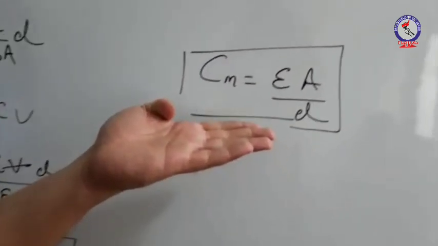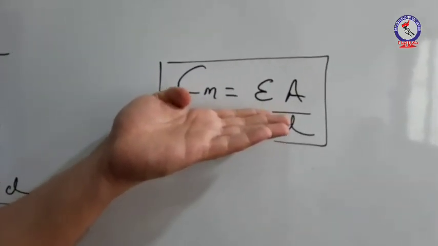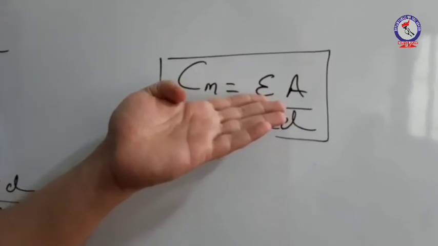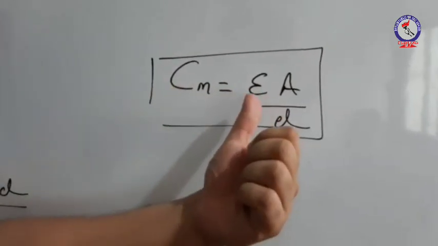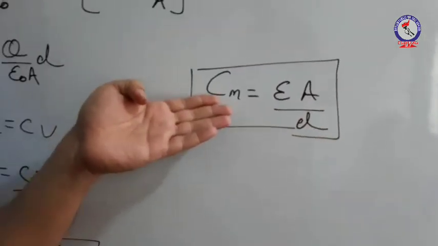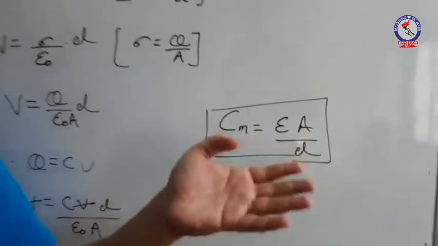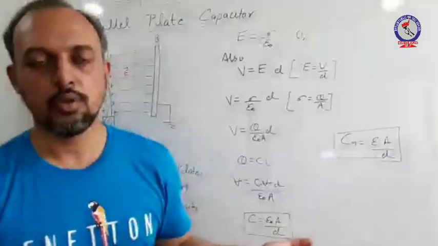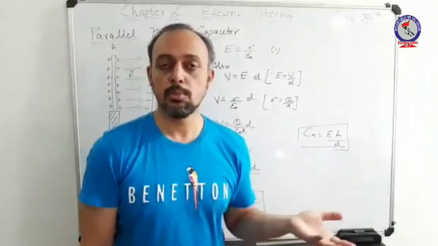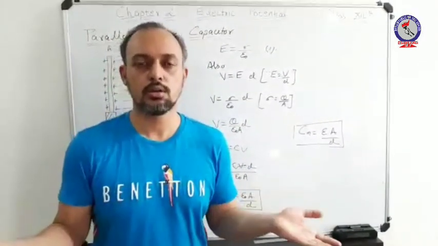Now when the medium between the two plates is changed to a dielectric medium having electrical permittivity epsilon, I am expressing the capacitance as epsilon A by d. Hence, by varying the value of epsilon or electrical permittivity, you can write the expression of capacitance for various media.